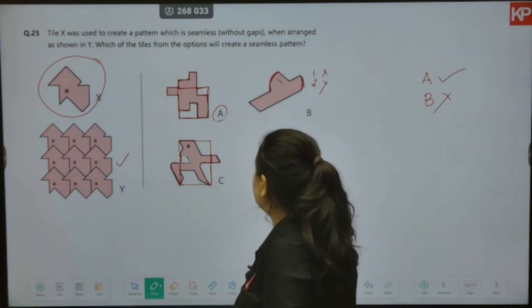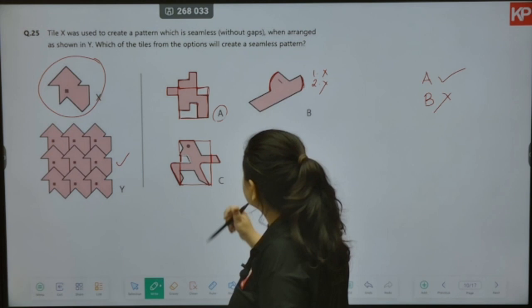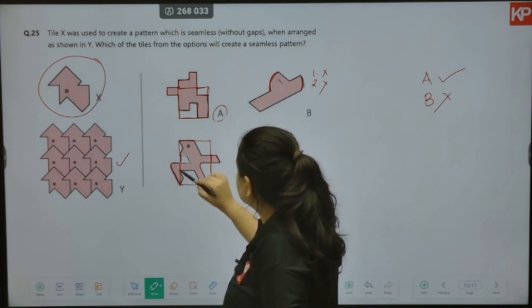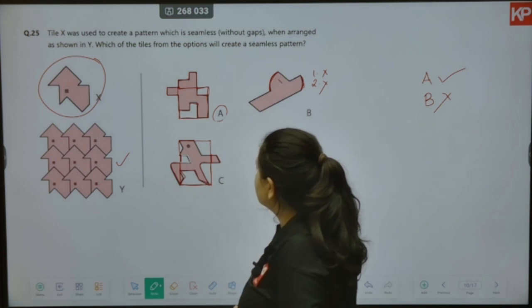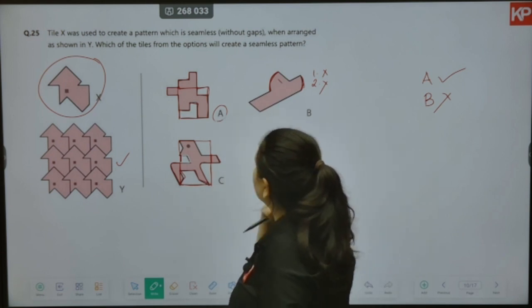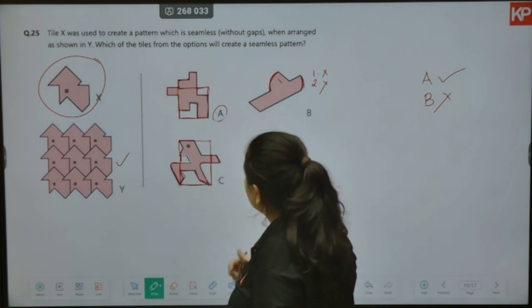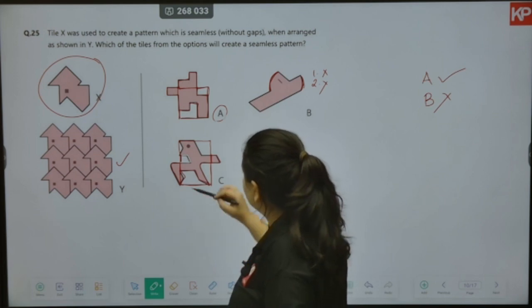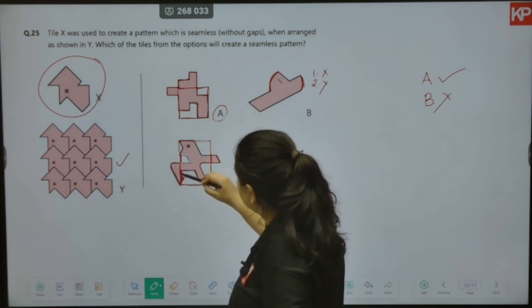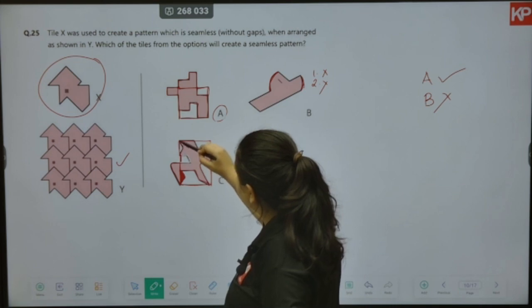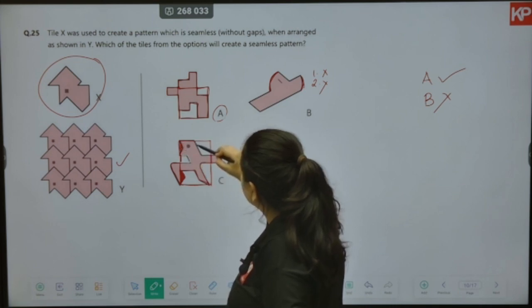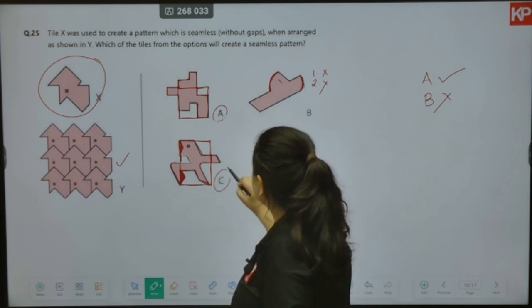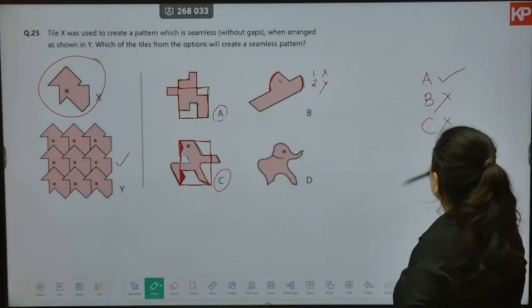Now let's move ahead. There is a shape like this that is getting subtracted, but we do not have any similar shape which is getting added. For example, we can say that this triangle and this triangle are the same, but nothing similar with respect to this is getting repeated. So C is not going to tessellate.